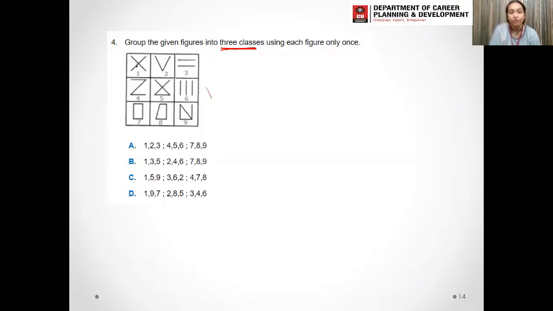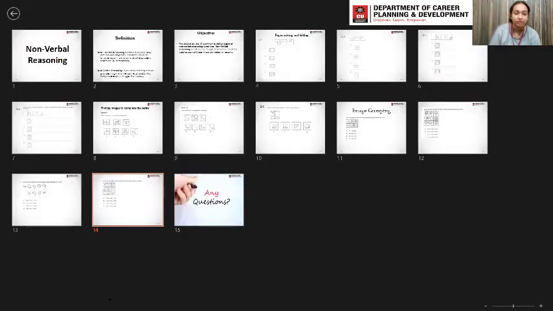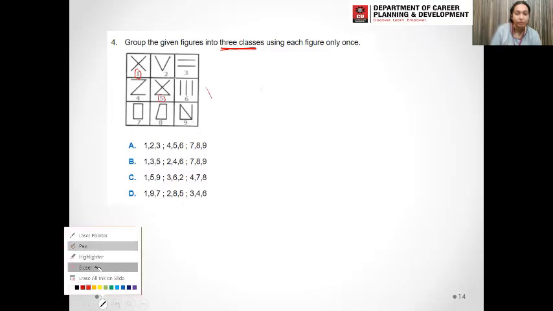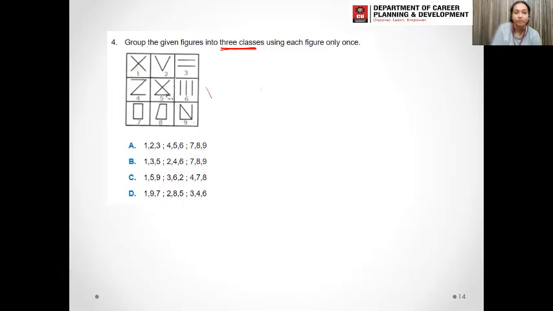I know some of you will think that 1 and 5 will be in one group because this is X and this is X, but you won't be able to find a third one to group with them. So 1 and 5 are not great options, so I'm erasing it, because 1 and 5 don't form a group as the third one is missing.